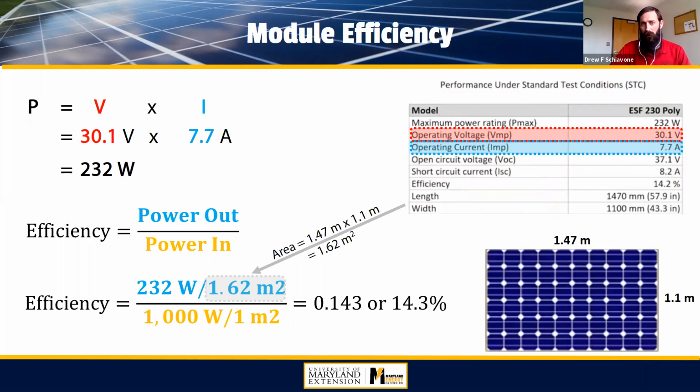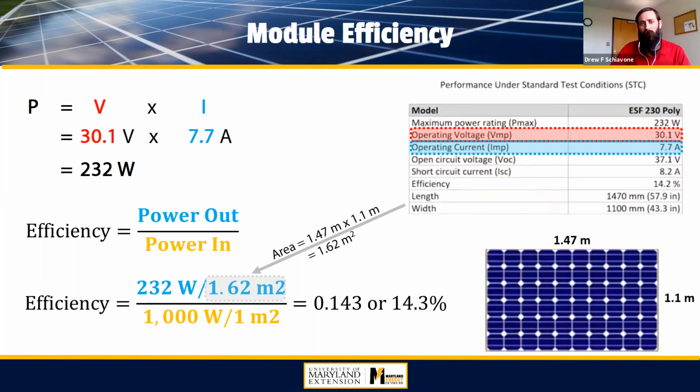And again, I mentioned this earlier, but efficiency is the ratio of the power output and the power input. Okay, so to start with the power that's coming out of your PV system, we just calculated that it's 232 watts. But here's the thing that often trips people up. You have to take into account the size of the panel.